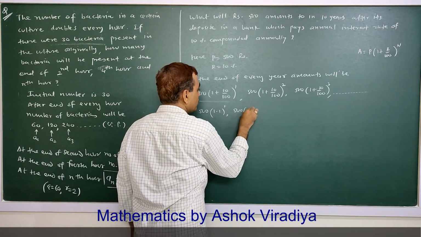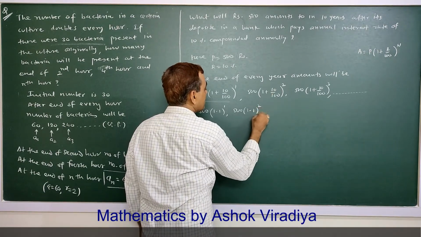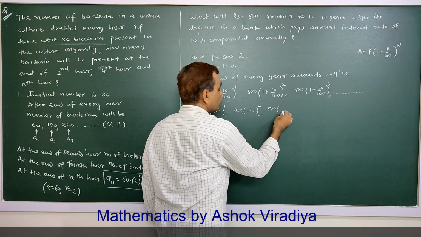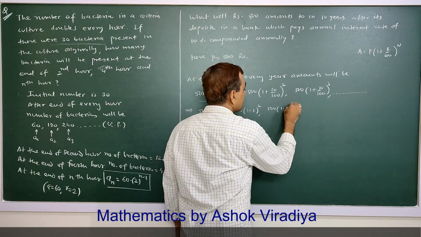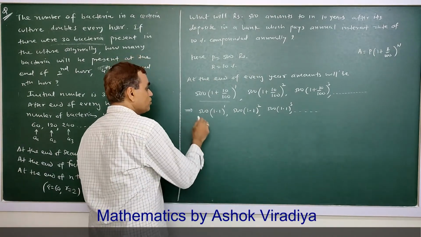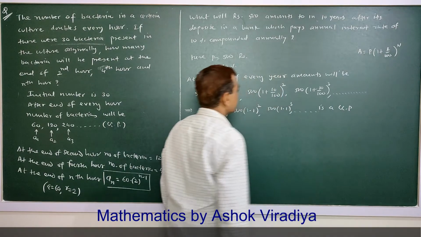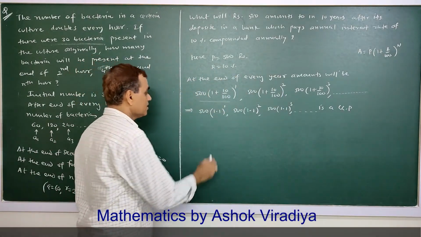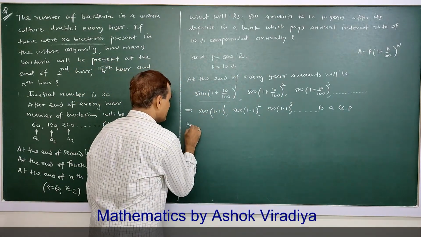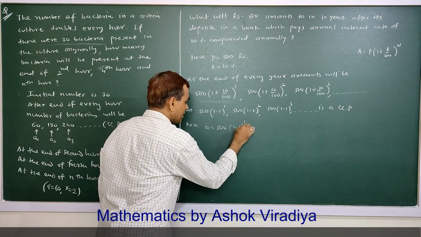Then 500 into 1.1 square, 500 into 1.1 cube, like this. So this is a GP. This is the first term, so here A is 500 into 1.1 raised to 1.